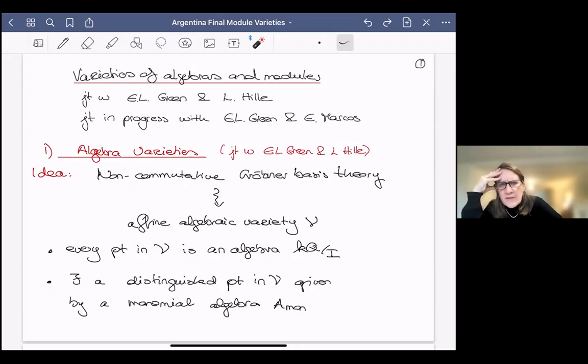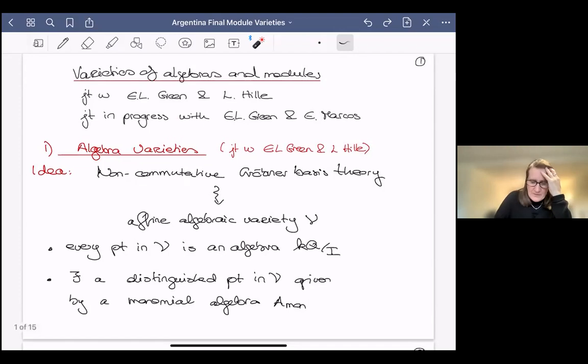And I think the construction for the algebras is maybe slightly easier. So I thought I would start with that and first give you an overview of the idea, which is on that first slide. I'll go through it in a moment, and then tell you what this gives us, and then show you how the varieties for algebras are constructed, and then move on to the modules.